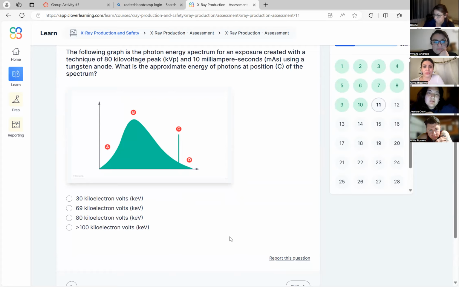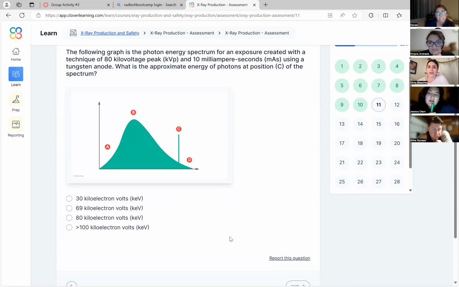I'm not sure. Since I think of it as 80 is the peak and the approximate energy the photons reach is 80, my mind goes to 80. Okay, I think I would be careful on this one.